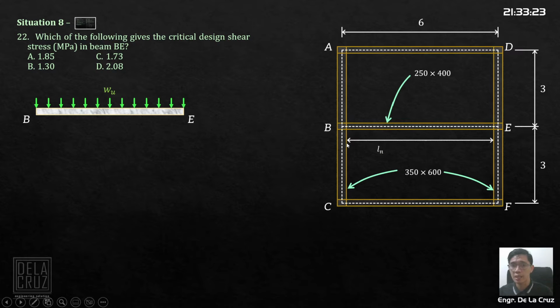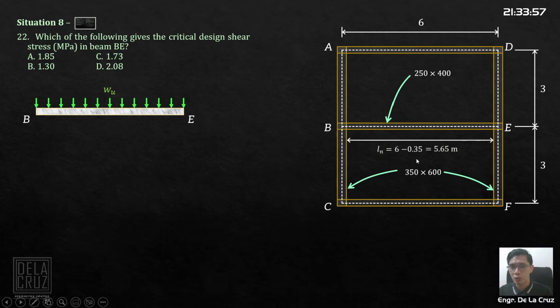Take note, this is a girder with a width of 350. Half of 350 here, half of 350 there. So we subtract half of 350 and half of 350 on the other side, basically a total of 350 millimeters. In meters, that's 0.35 meters. So the length we will use is 5.65 meters.